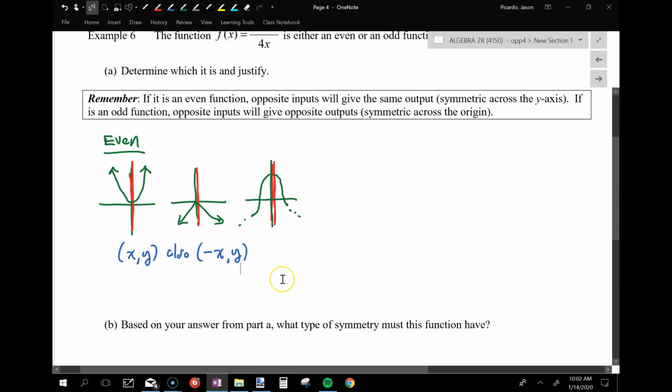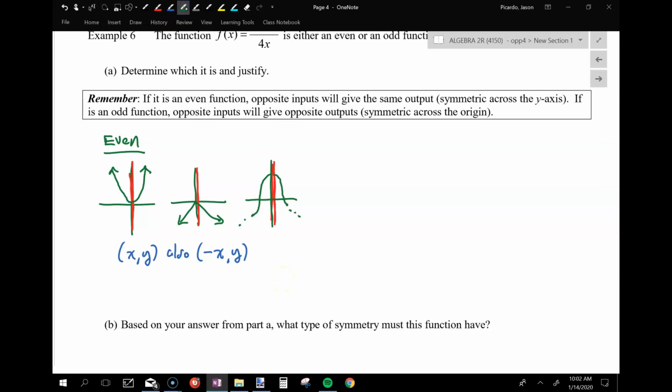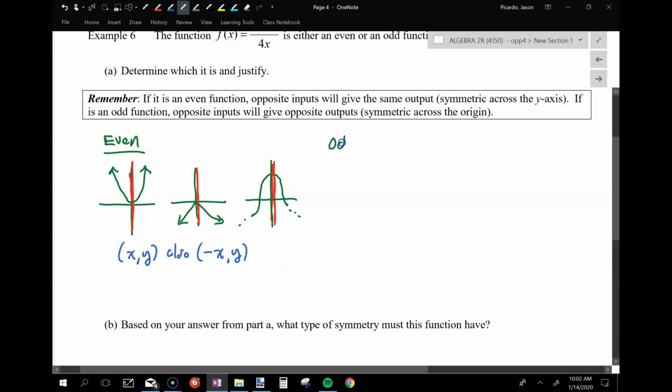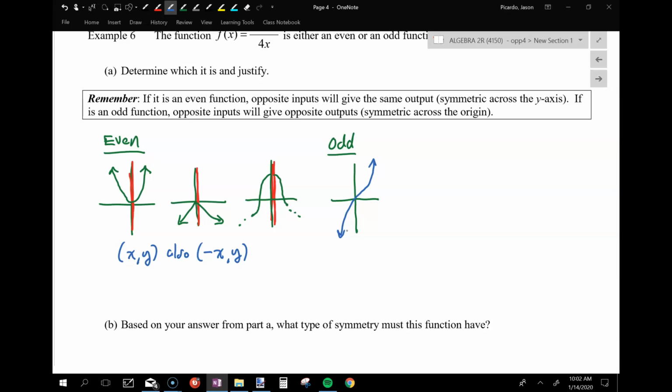Cool? An odd function is one that looks like this. The way that I told you guys to remember an odd function, the test, was to take your paper and flip it upside down.